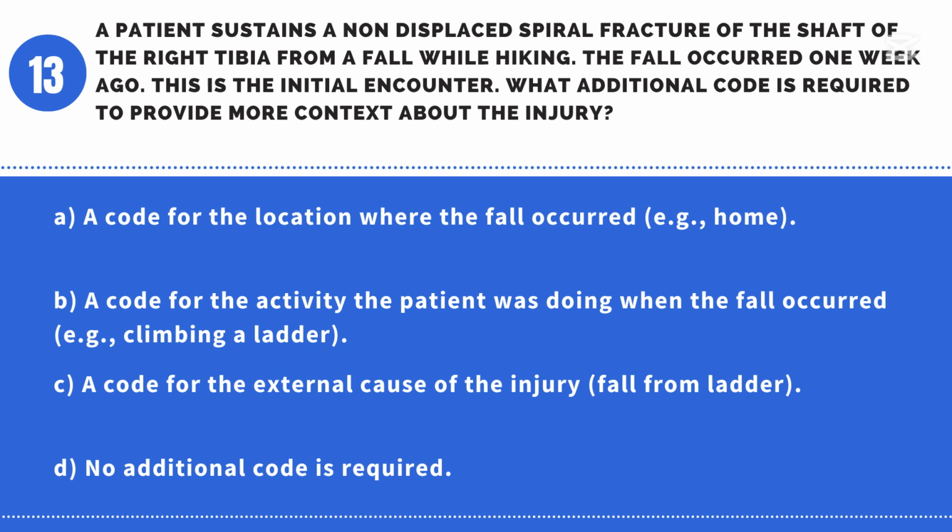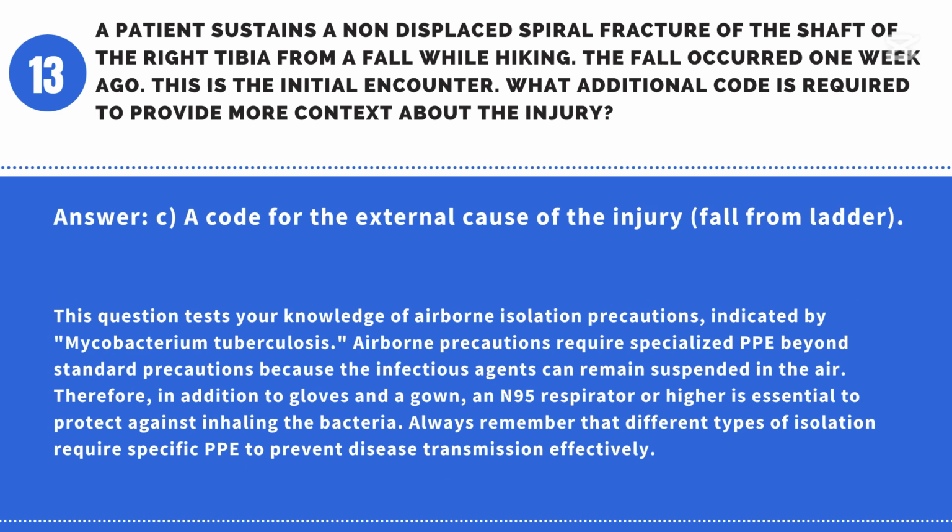B. A code for the activity the patient was doing when the fall occurred, example climbing a ladder. C. A code for the external cause of the injury, fall from ladder. D. No additional code is required. Answer: C. A code for the external cause of the injury, fall from ladder.